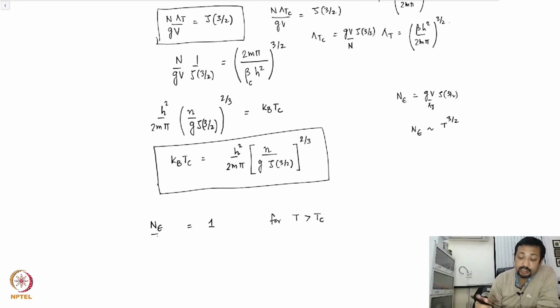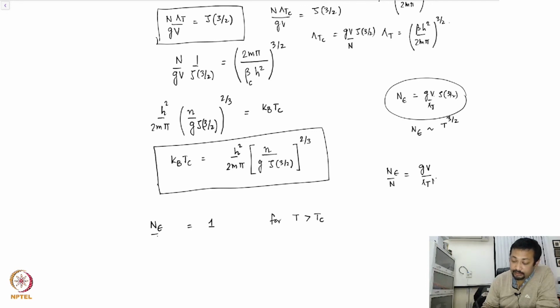Or essentially I can write down Gv over n zeta 3/2, which is n epsilon over n, is Gv over lambda t n zeta of 3/2, which is essentially lambda Tc over lambda t.